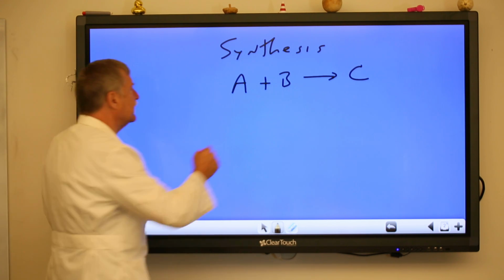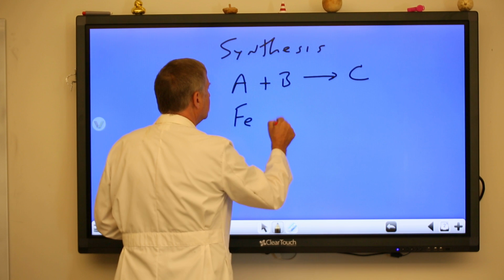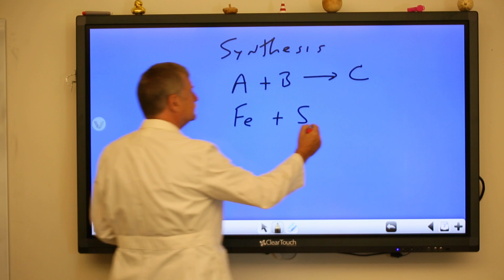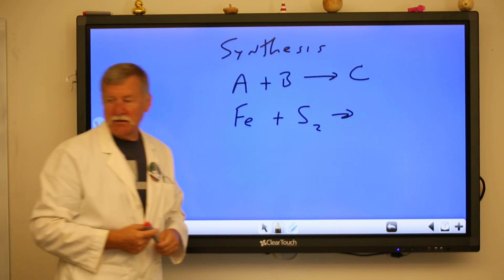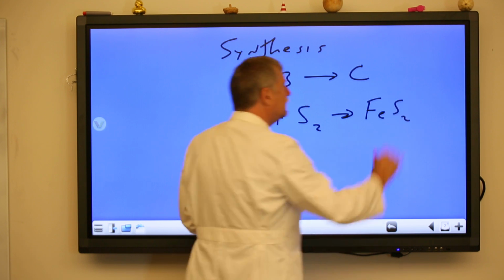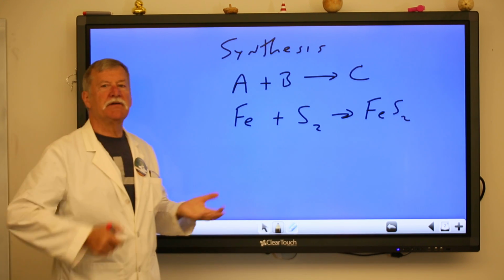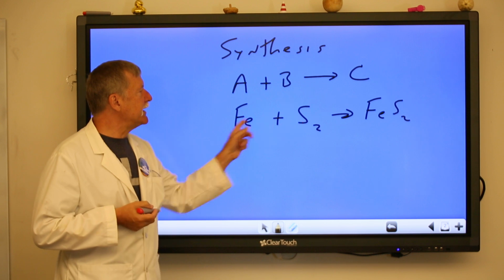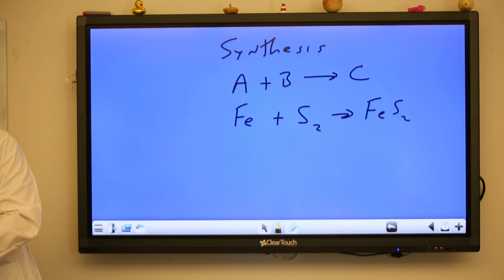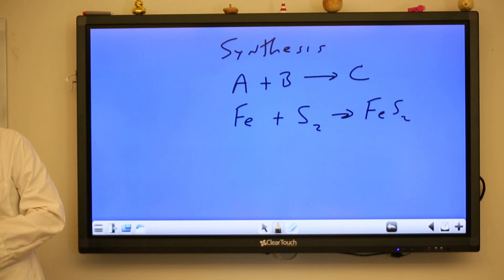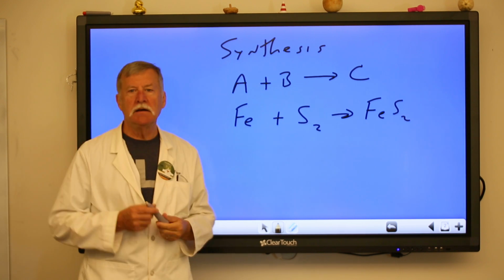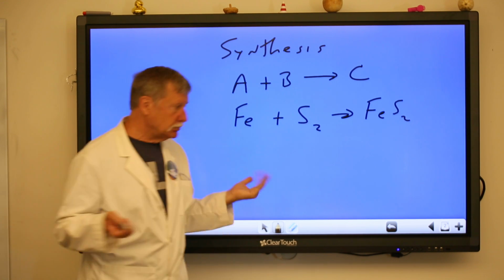So you see something like if we combine iron with sulfur, all right, and that yields iron sulfide, then this is an example of a synthesis reaction. 2 reactants, 1 product, all right? Perhaps the simplest types, all right? And anytime you see this pattern, 2 things become 1, that's a synthesis reaction, all right?